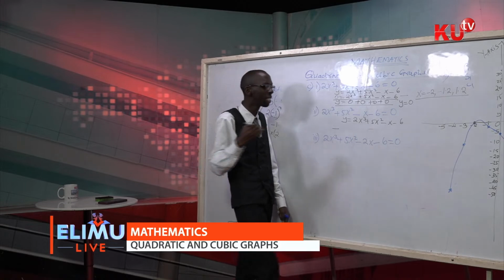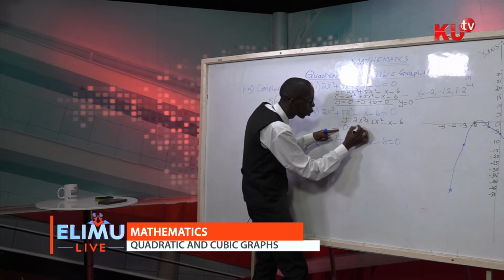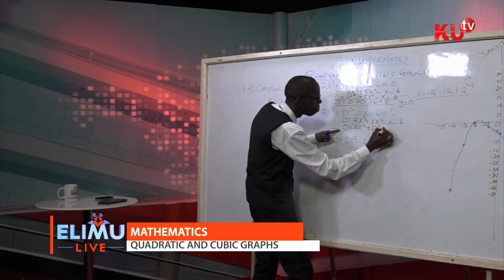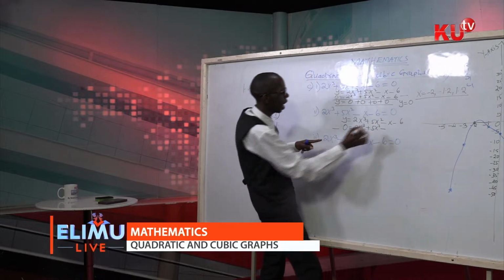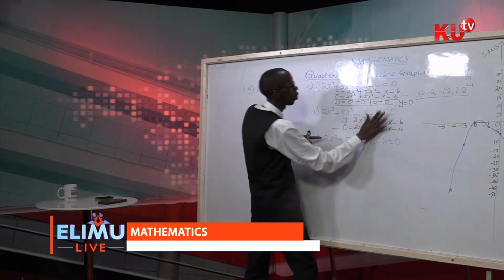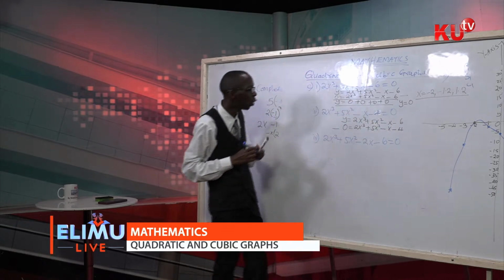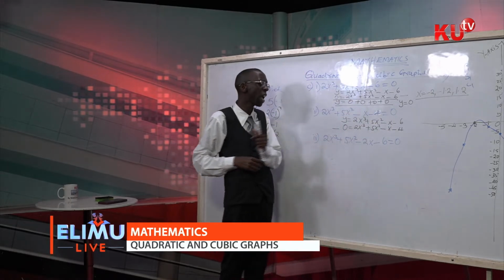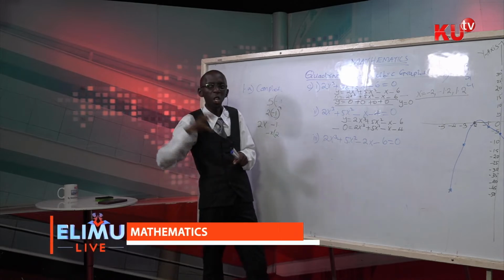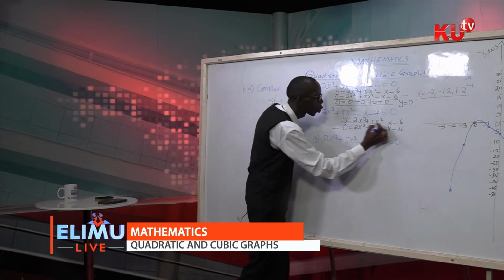You subtract the equation you are solving, and I have said you start from 0. 0 is equals to 2x cubed plus 5x squared minus x minus 4. Sorry, the question here was minus 4, not minus 6. Minus 4. 2x cubed plus 5x squared minus x minus 4.